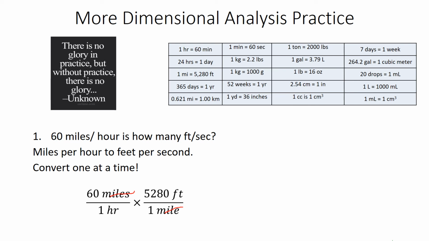But now let's see if I can convert my hours into seconds. So here we are. 1 hour is 60 minutes, and we cross out hours. 1 minute is 60 seconds.